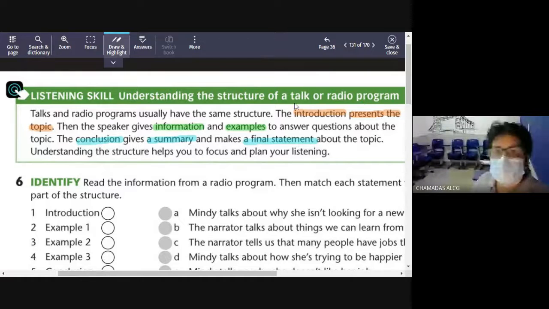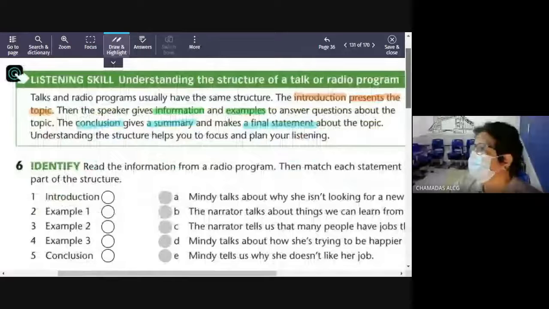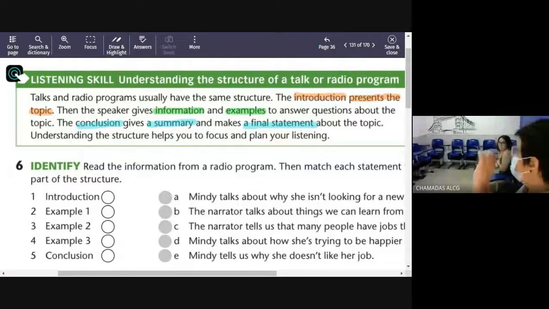A radio program, a talk show, or something that usually when you watch a talk show on TV, it's the same. Have you ever seen Fábio Porchat's show on TV? Que história é essa, Porchat? Que história é essa? Right? So there is an introduction, then they have the information and the example. So a lot of people talk about their experience. They are usually funny.